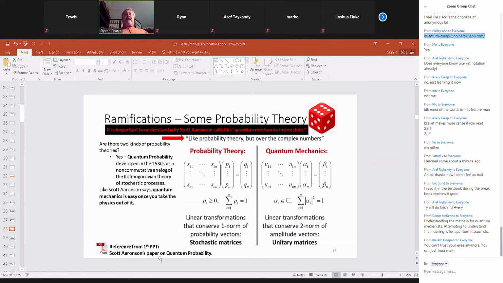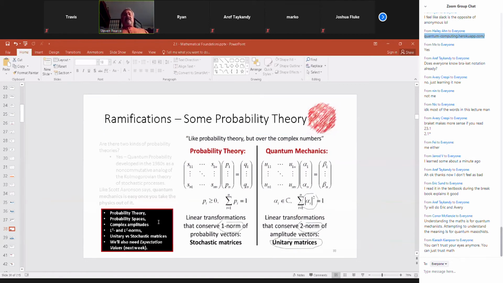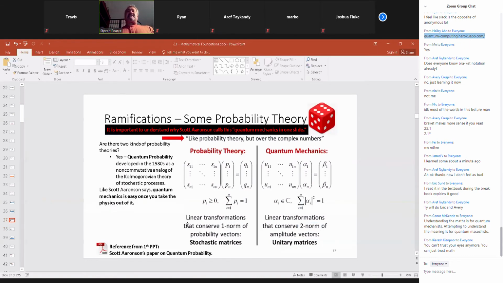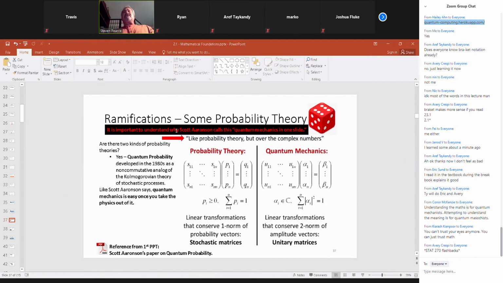So what have we got here? We've got probability theory, probability spaces, just like a Hilbert space, complex amplitudes, L1 and L2 norms, unitary versus stochastic matrix, and a thing called the expectation value, something we'll really need to talk about next week. So in one slide, let's go back. It is important to understand why Scott Aaronson calls this quantum mechanics in one slide.